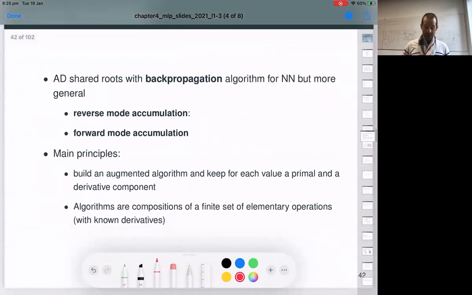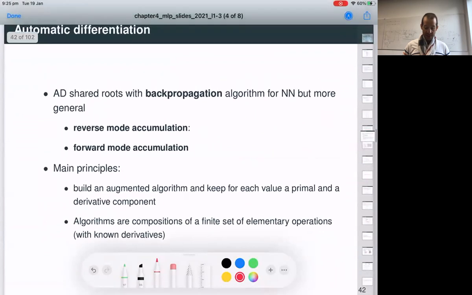Automatic differentiation is sometimes assimilated to backpropagation, but in fact there are two ways of doing it: the forward mode accumulation and the reverse mode accumulation. And automatic differentiation is useful to compute derivatives.